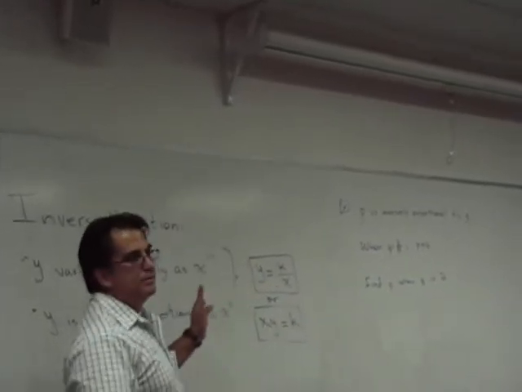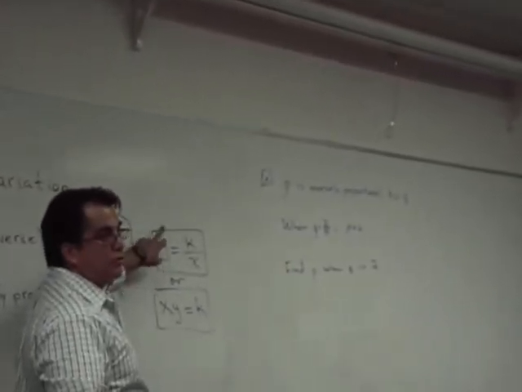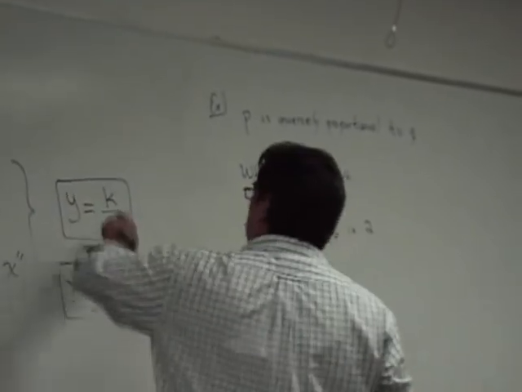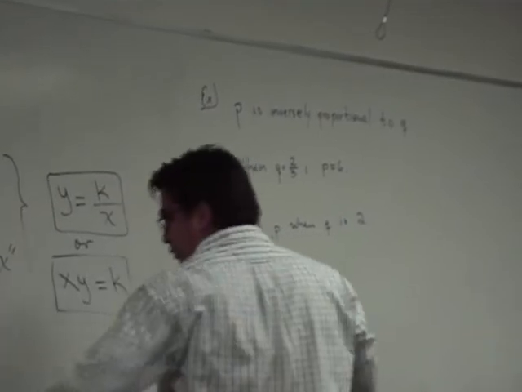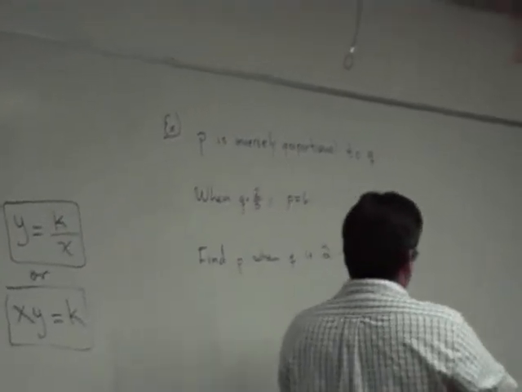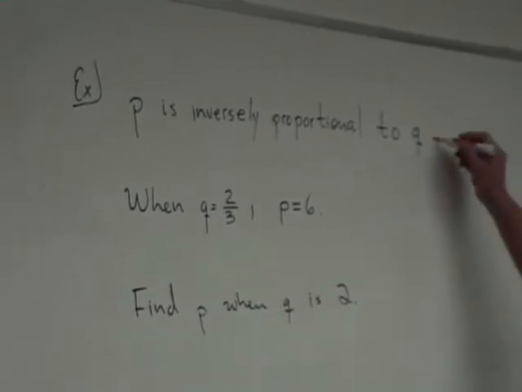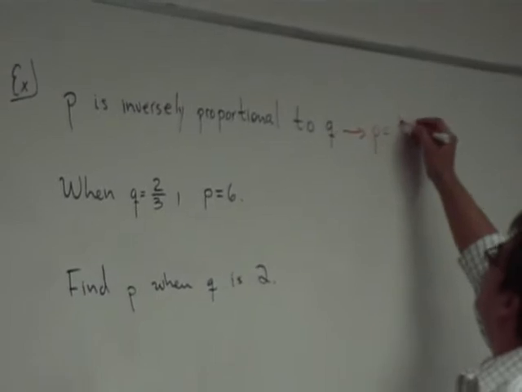Exactly the same problem as before. The only difference is you have a slightly different equation to solve. It's up to you which one you want to write first, but for inverse, I always think of this. I gotta divide. I'll write my equation this way. P is inversely proportional.